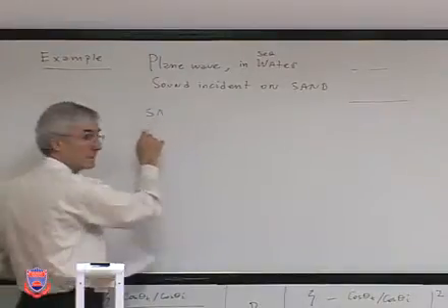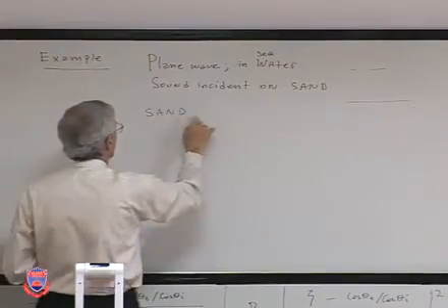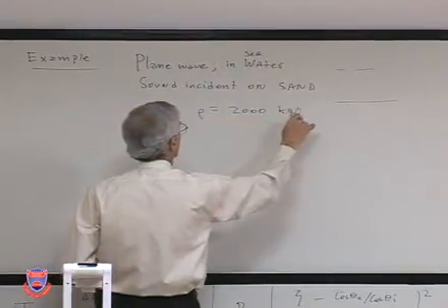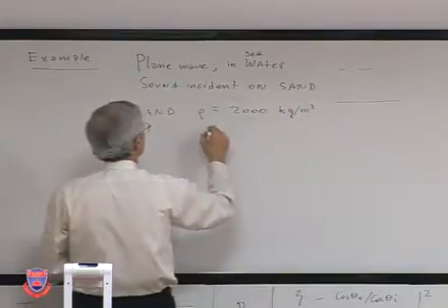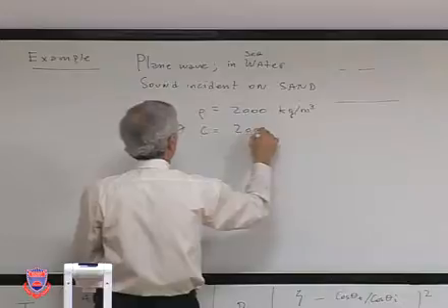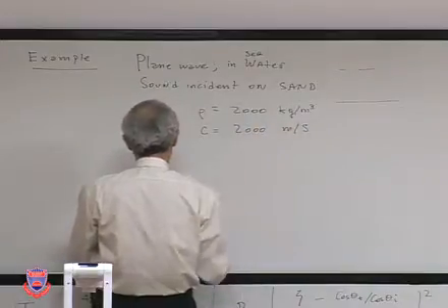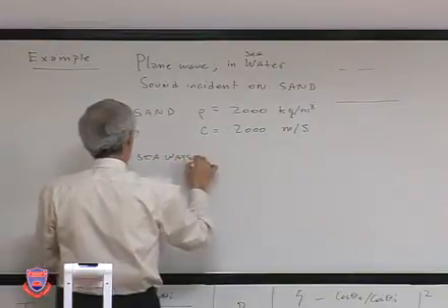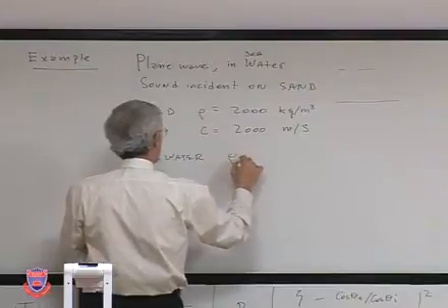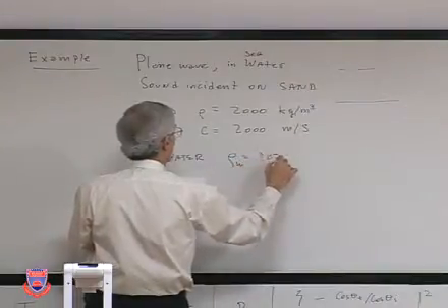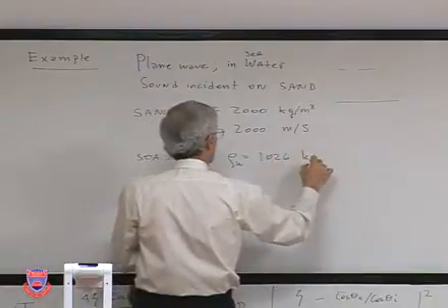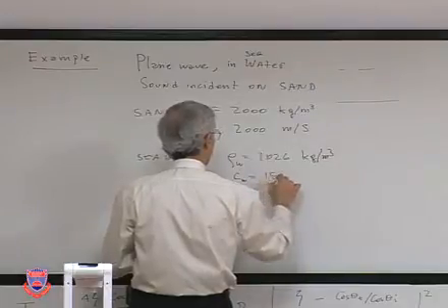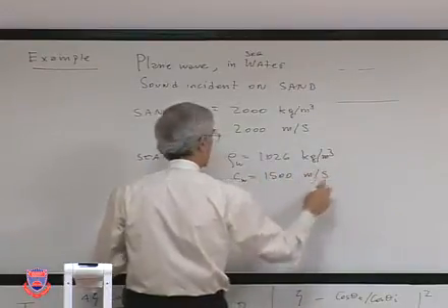So for the sand, we have the properties: density, 2,000 kilograms per meter cube, speed of sound, 2,000 meters per second. And seawater has a density of almost 1,000 kilogram per meter cube, and speed of sound is about 1,500 meter per second.